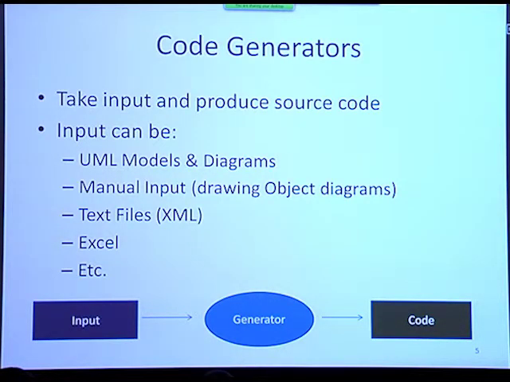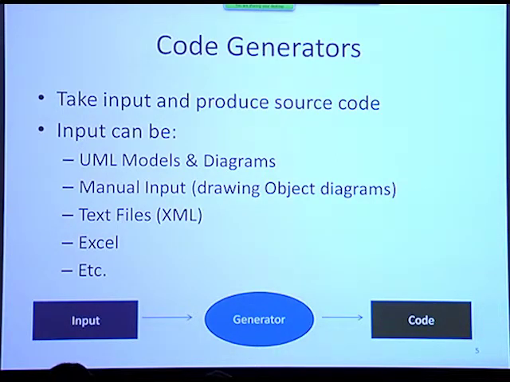Code generators have been around for a while, but they're becoming more and more a part of the flight software development process. They can take any input in some form and run it through a generator to produce source code that then gets compiled, which you could almost think of as another code generator. These inputs can be in the form of UML diagrams.